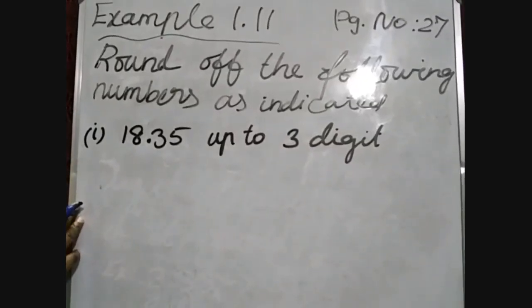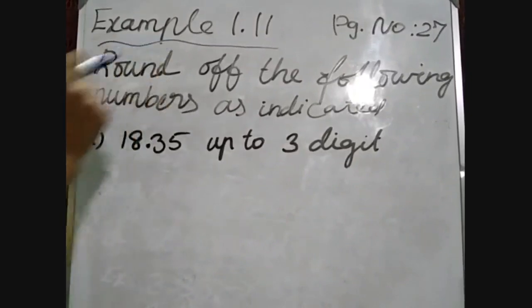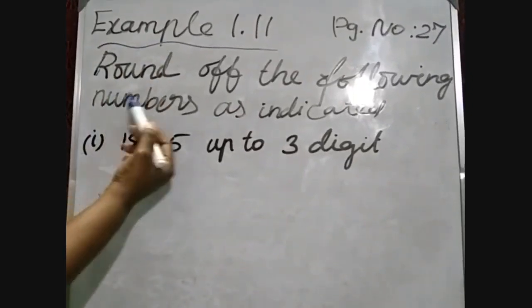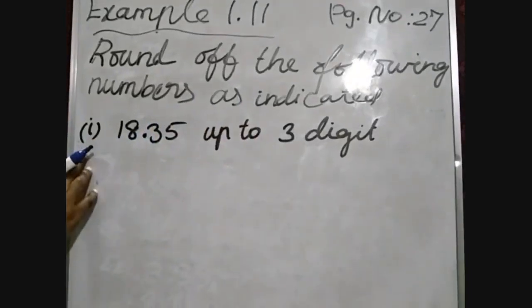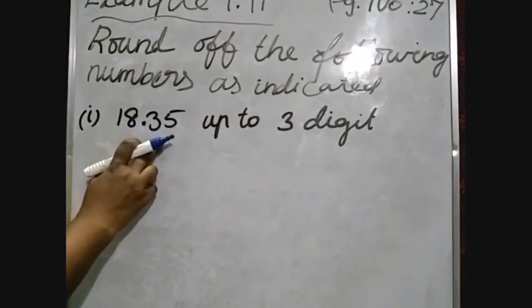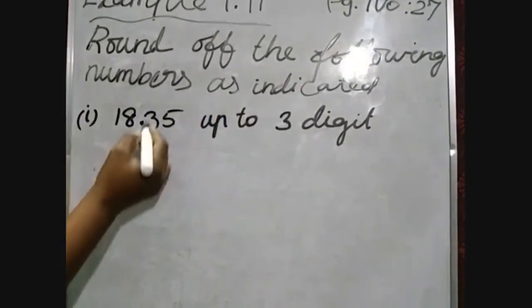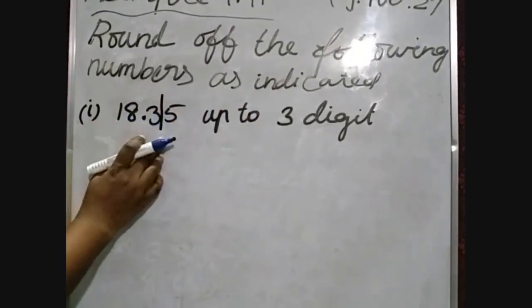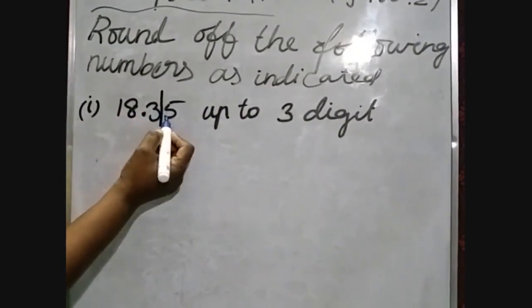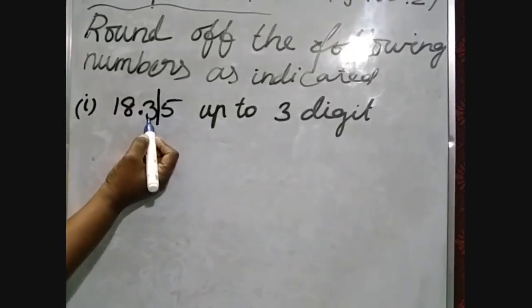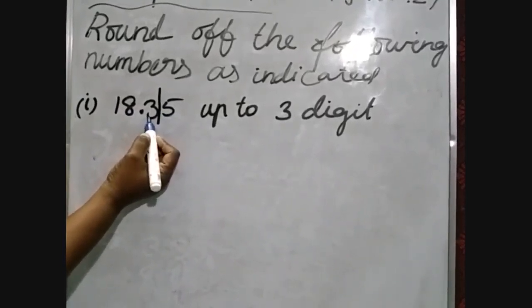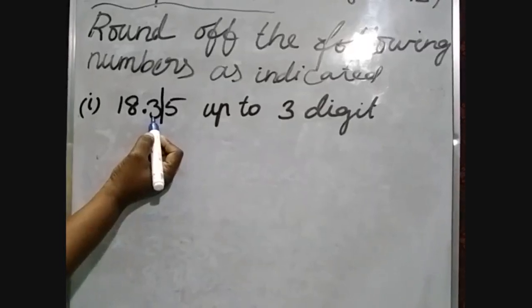Here we have some exercise given in example 1.11. Round off the following numbers as indicated. First case, 18.35 up to 3 digits. We want 3 digits. The digit to be dropped is 5. So look at the preceding digit 3. This one is odd. So this 3 will be raised by 1.